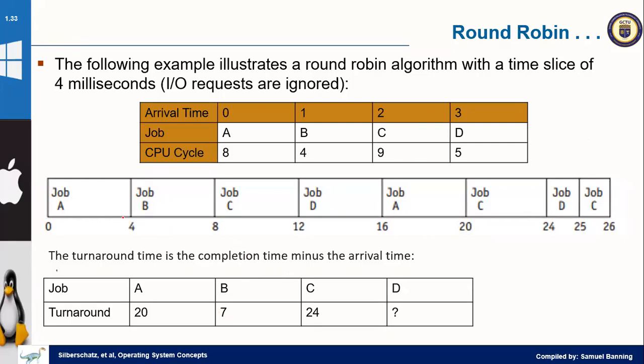I think I interchanged the positions of B and C. And that of D is 25 minus 12. Okay, 25 minus 12 should give us 13. This is also 22. Okay. I think there was a mistake when I was doing this.